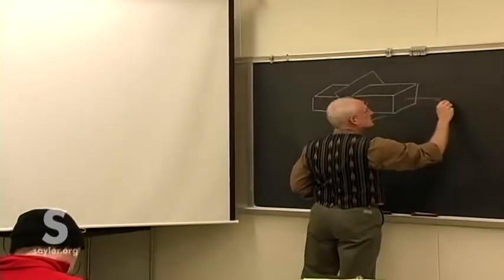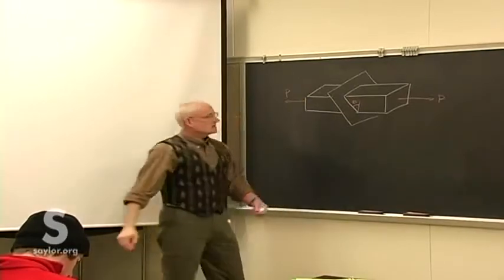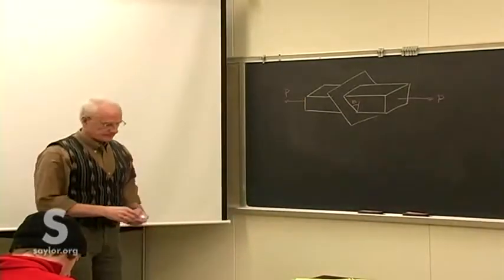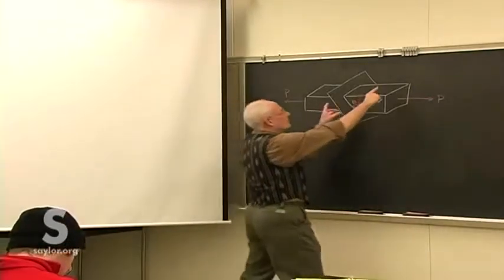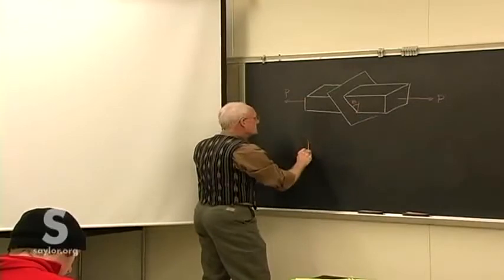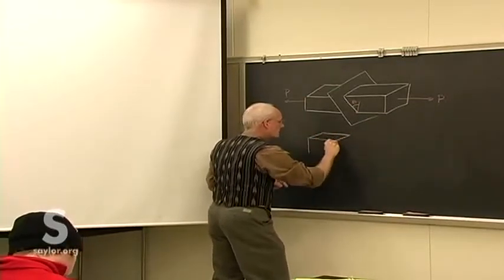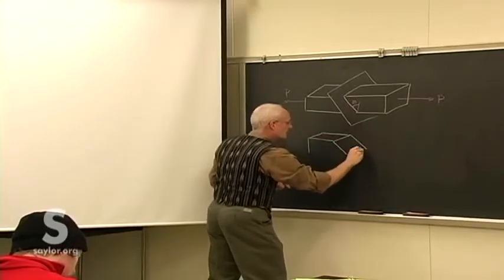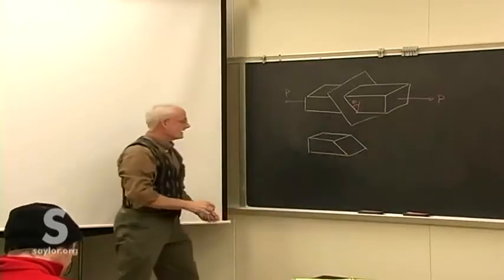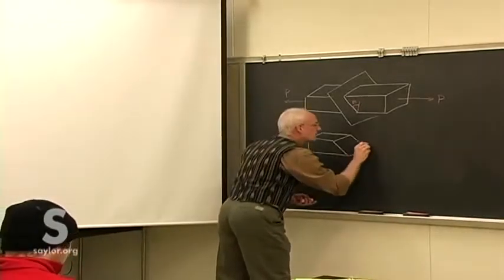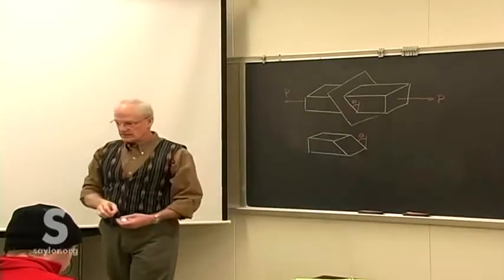And then this piece is loaded with some force P. And we'll pull away this front part, look at just the back part here, because that will expose for us then that oblique face now, set back at some arbitrary angle theta.